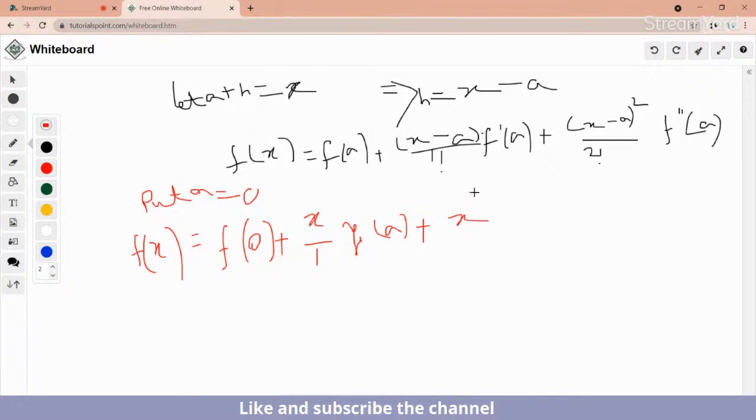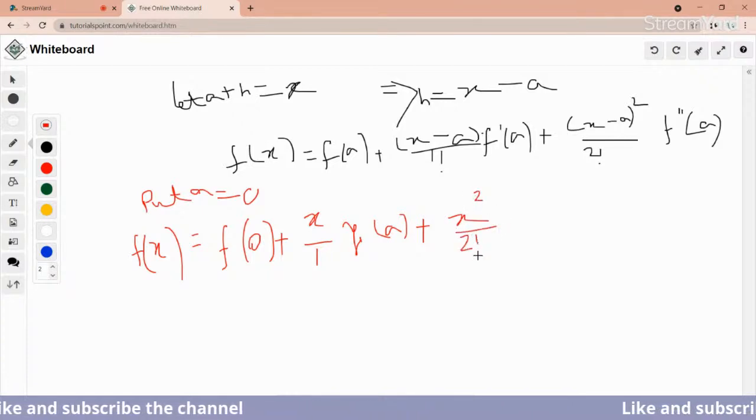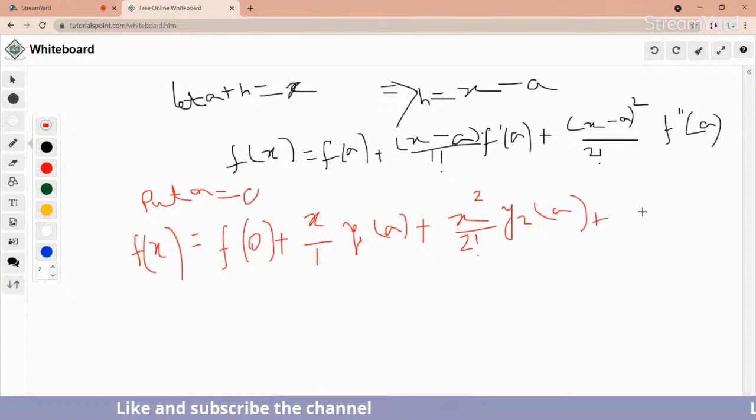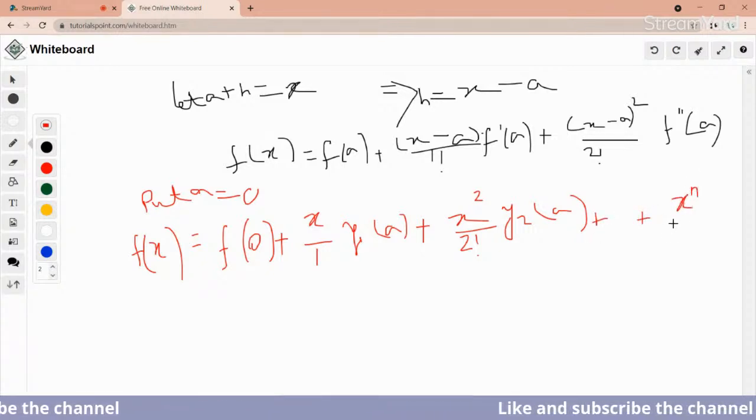Then x square by 2 factorial y2a, and the nth term will be x n by n factorial.